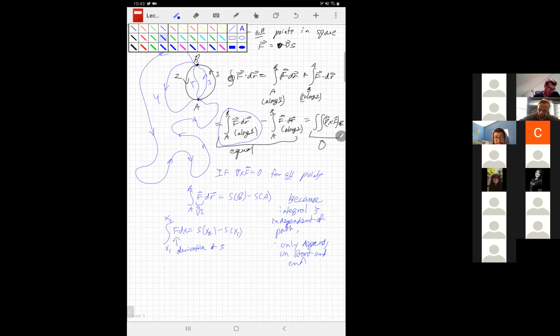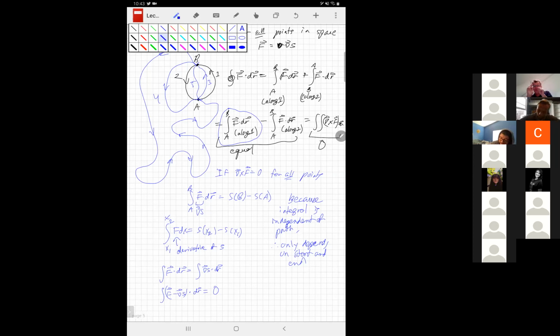If you wanted to be a bit more rigorous, I would say that the integral of F dot dr is equal to the integral of the gradient of S dot dr. So the integral of F minus the gradient of S, dotted with dr, equals 0. And it's equal to 0 for all paths. If the difference between two things dotted with a third thing is 0, that doesn't automatically mean that the two things are the same.